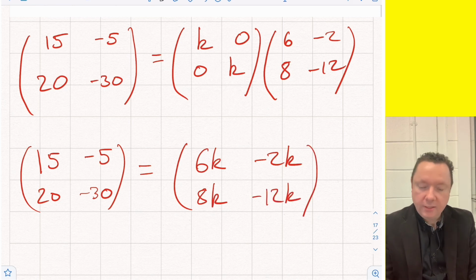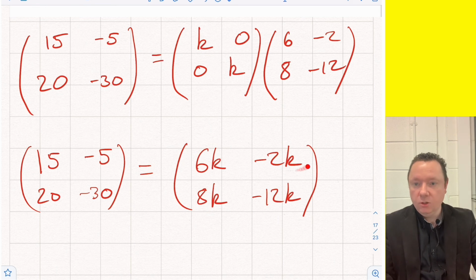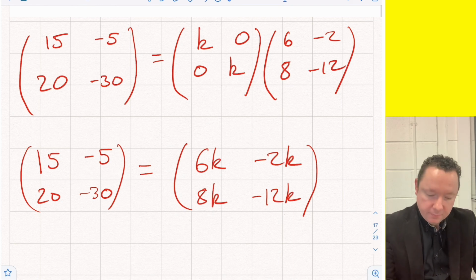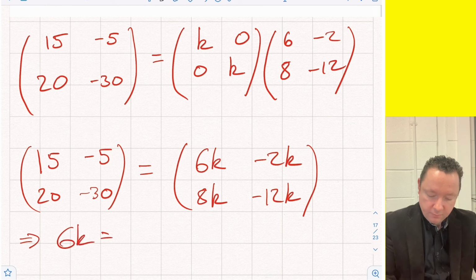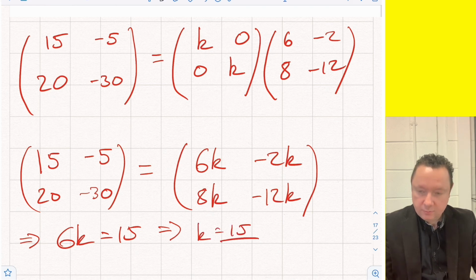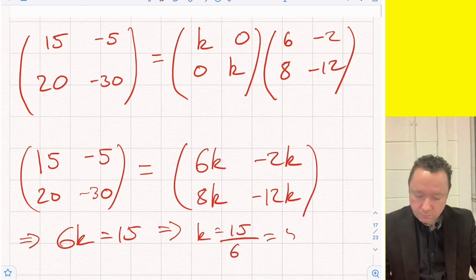So equating the individual elements, 15 will equal 6k, minus 5 will equal minus 2k, 20 will equal 8k, and minus 30 will equal minus 12k. So just picking one of them, let's pick 6k. 6k equals 15, and that implies that k is 15 over 6, which equals 5 over 2.